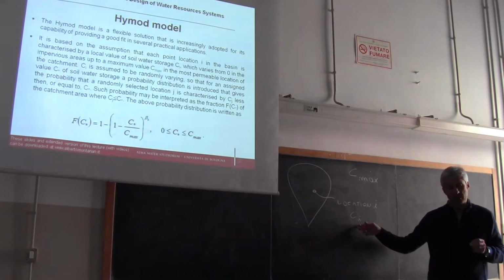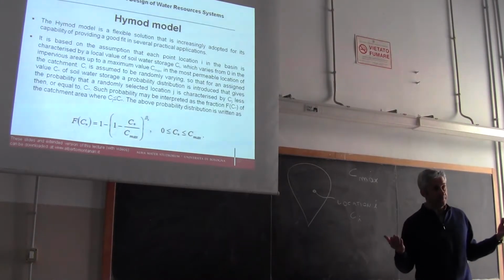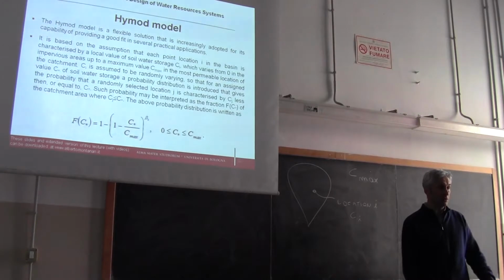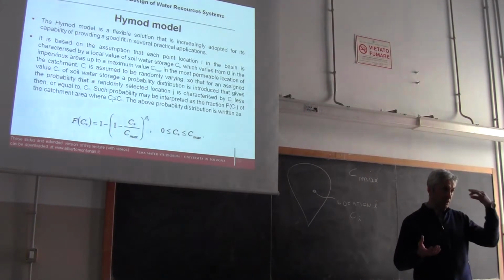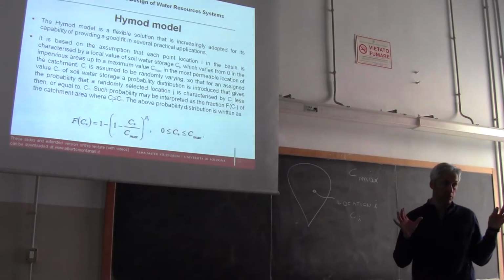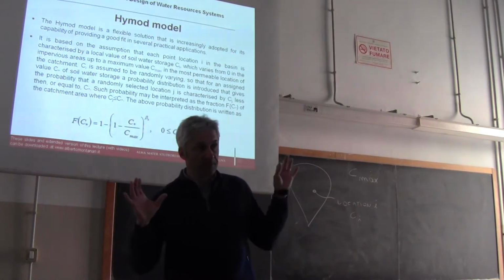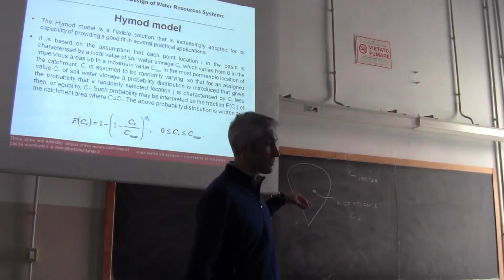When storage gets to the value Ci, location I becomes saturated, and therefore any subsequent rainfall is not absorbed. Any subsequent rainfall flows over the ground and contributes to river flow. This is the assumption of the model, the idea. And Ci, as I said, is variable.